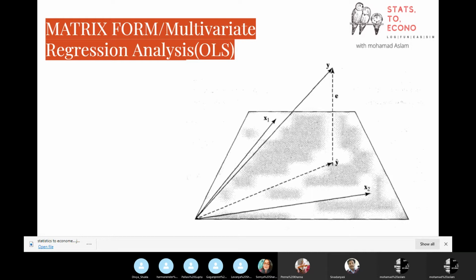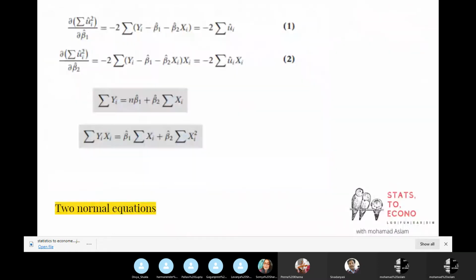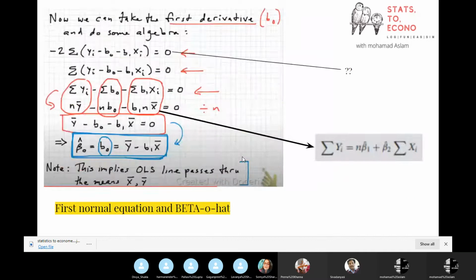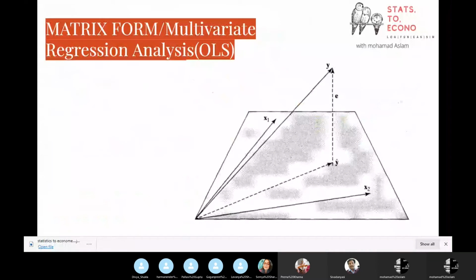Here we have only two normal equations to solve, but if your variables are many, then there are a number of equations, and that would take time to solve. So in place of this simultaneous equations method, generally we go with the matrix method, in which you can solve a number of equations.